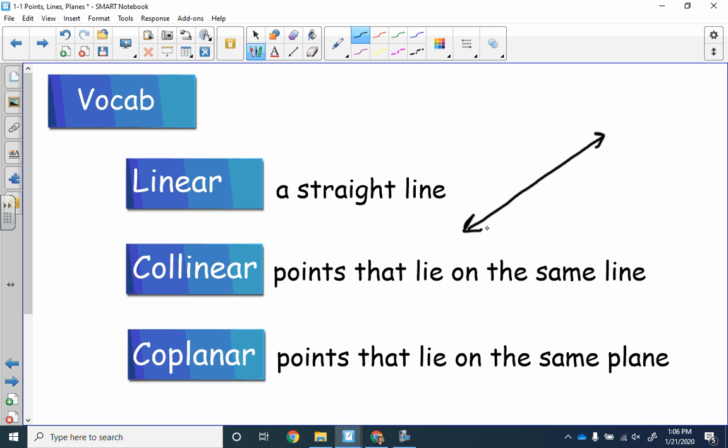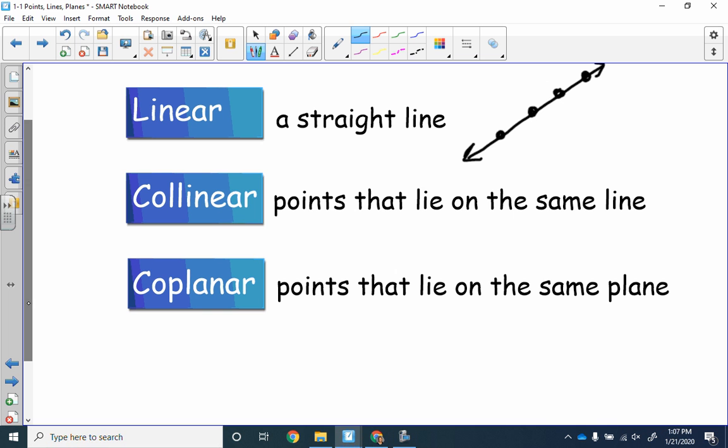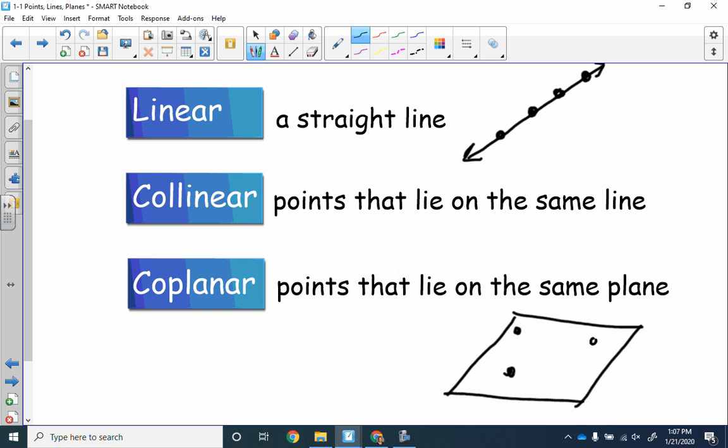Collinear are points that lie on the same line. So if I take points and put them on the line here, that means that they are collinear. Coplanar just refers to having points that are on the same plane. So if I have a plane here and however many points I put on here, all of those are on the same plane.